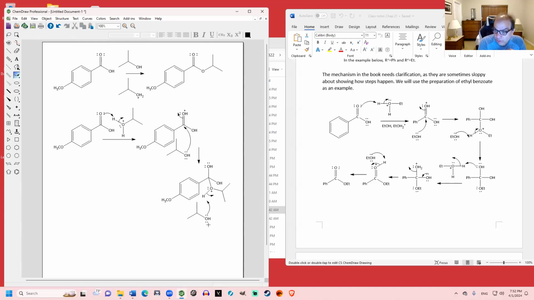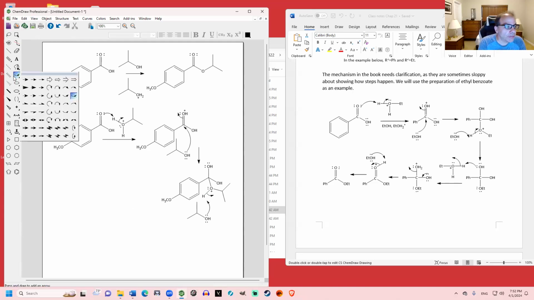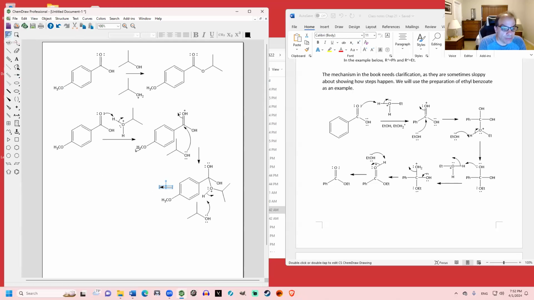That would lose points. We don't have any O minus species in acidic solution. And again, we know we're in acidic solution because we're given an acidic cation. So we don't want to use any strongly alkaline species.